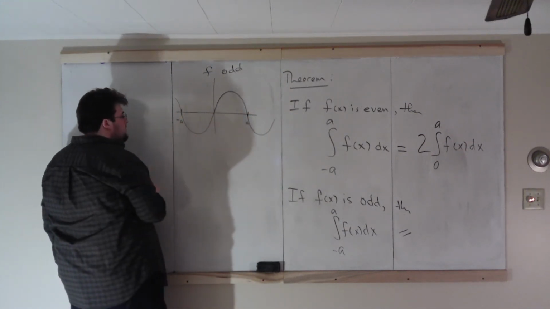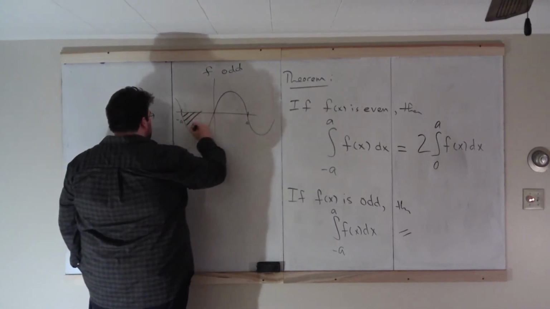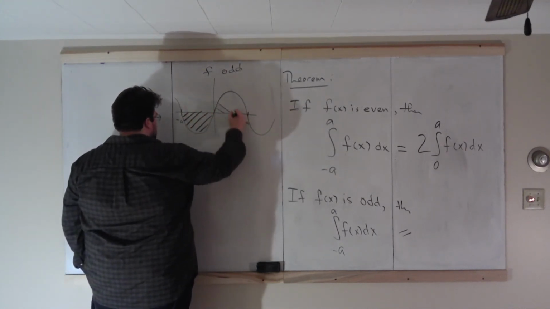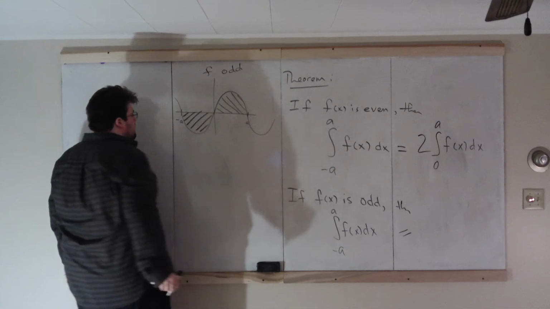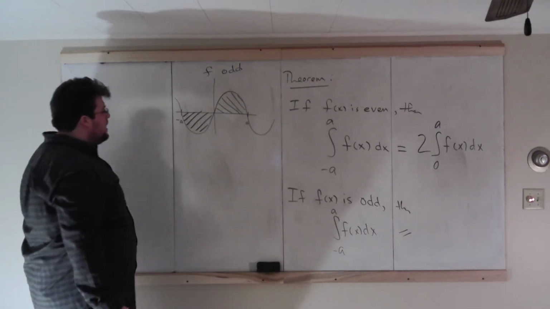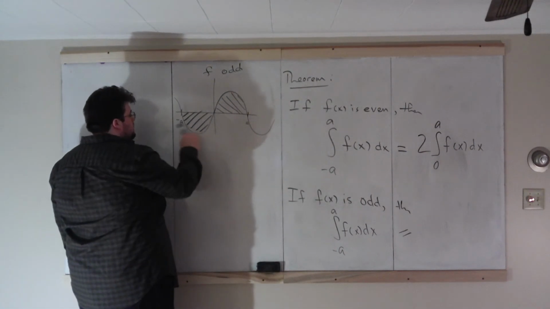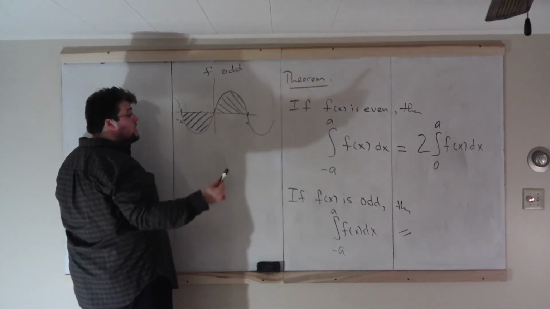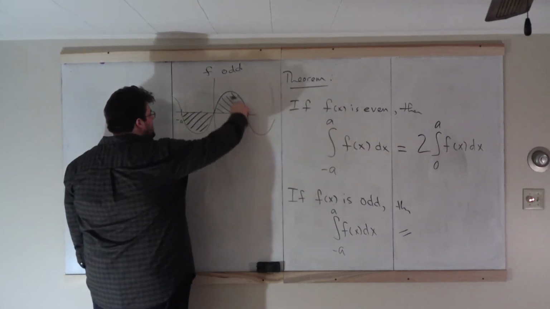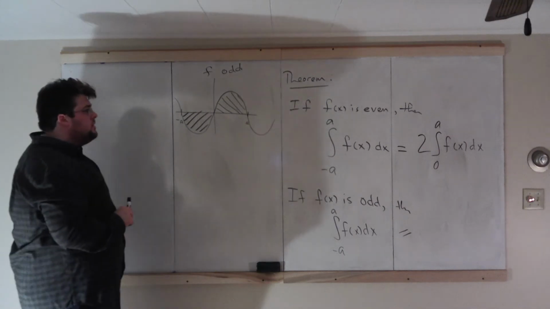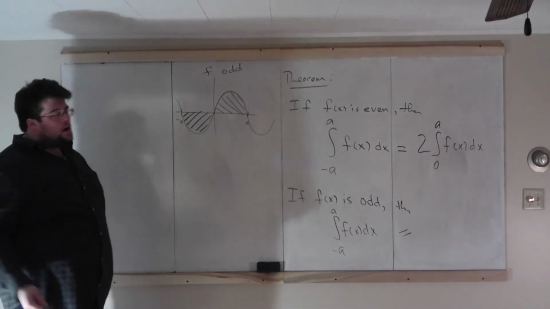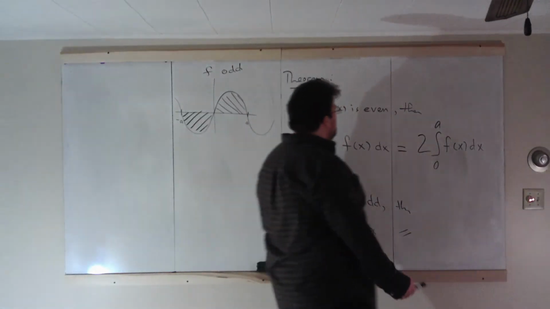A and negative a. The area here, from negative a to 0, the area is the same as this area. Just as area quantities, those are the same.